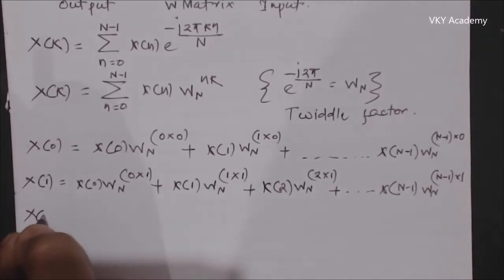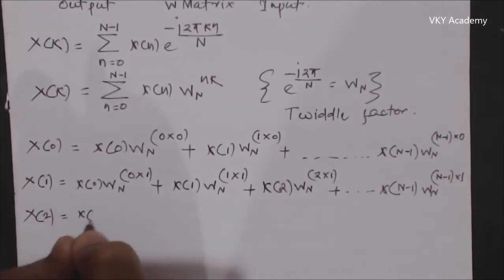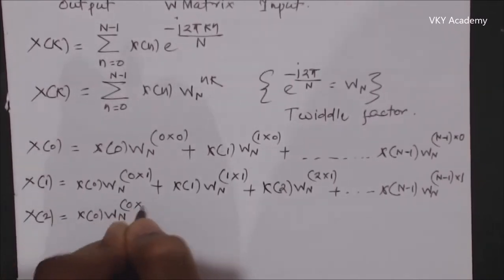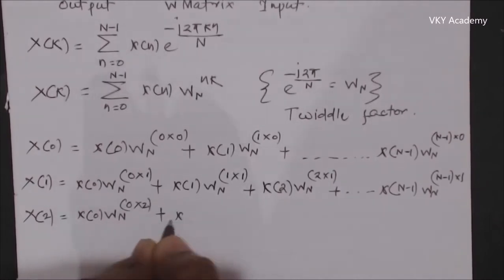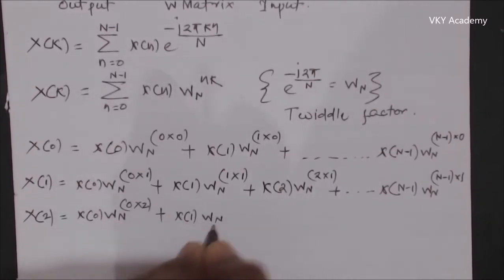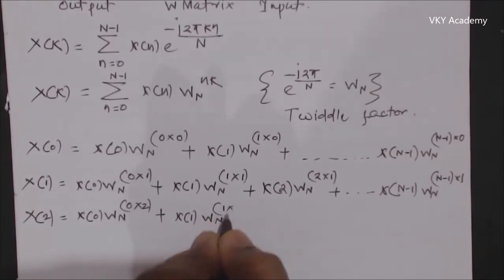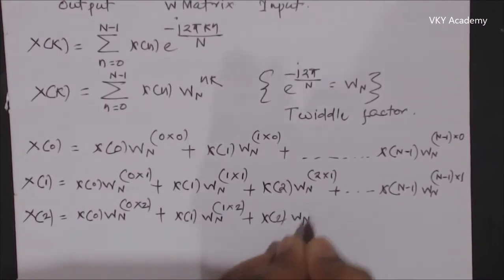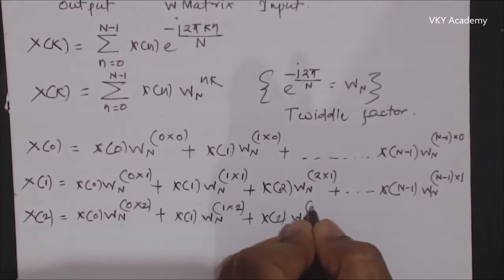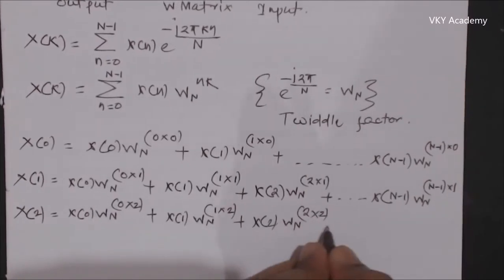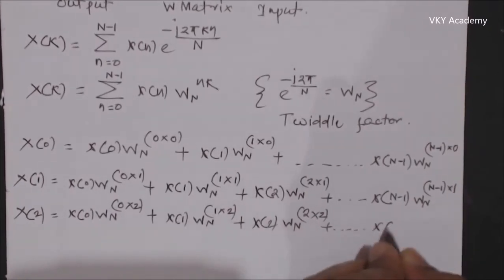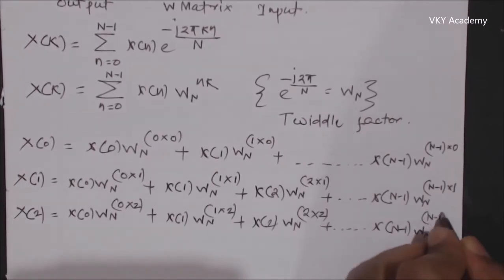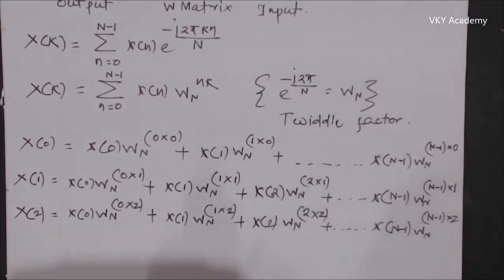Similarly, the third sample will be X of 2, which is x of 0 WN to the power n is 0, k is 2, plus x of 1 WN to the power n is 1, k is 2, plus x of 2 WN to the power n is 2 and k is 2, plus x of n minus 1 WN to the power n is n minus 1 and k is 2.